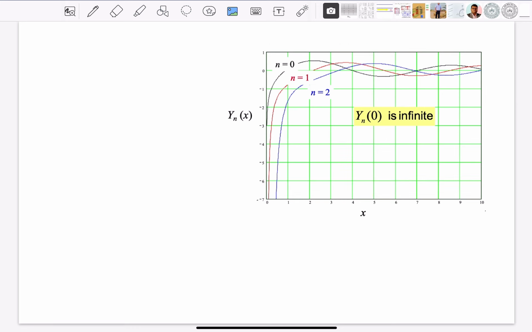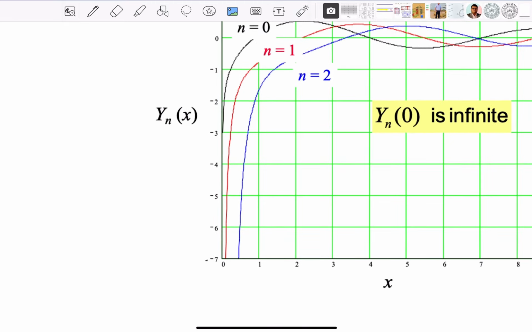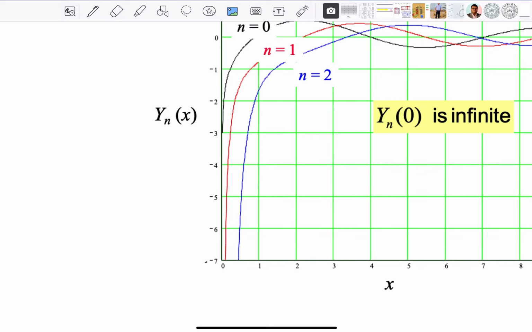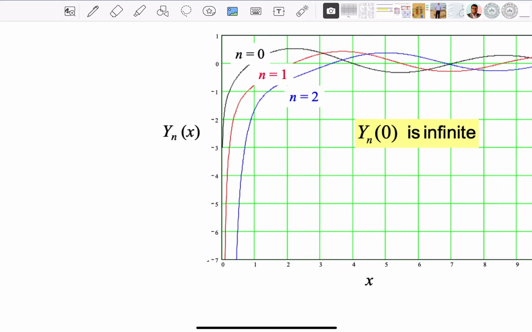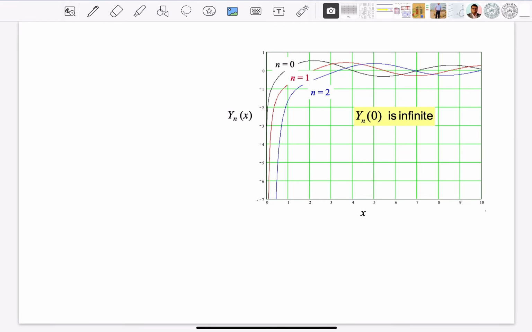If you look clearly, for n equal to 0, 1, 2, and particularly n equal to 0, when x is equal to 0 this is infinite.